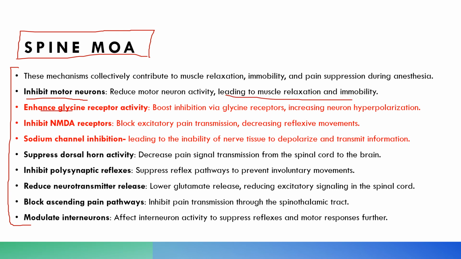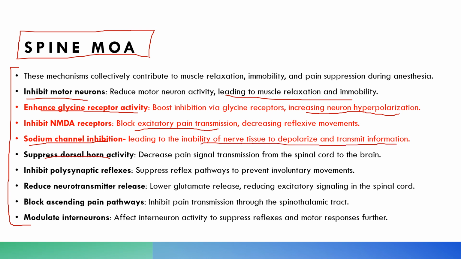We're going to enhance glycine receptor activity, which is going to boost inhibition via glycine receptors, increasing neuron hyperpolarization. We're going to inhibit NMDA receptors, which are stimulatory receptors, and that's going to block excitatory pain transmission. Sodium channel inhibition is going to lead to inability of nerve tissue to depolarize and transmit information.